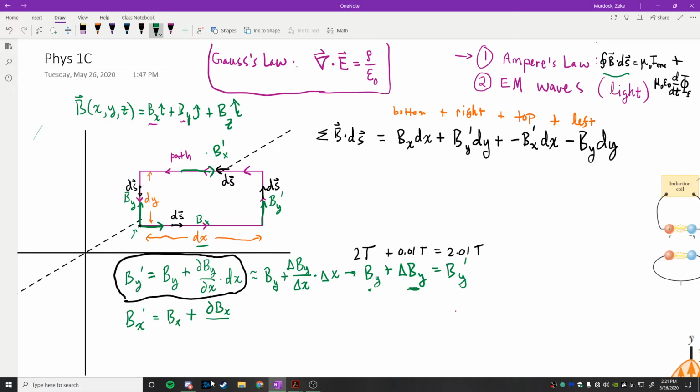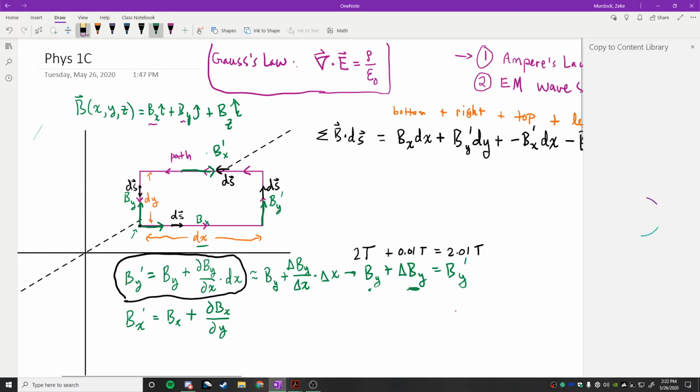It's the rate at which the x component of the magnetic field changes with respect to y now, because we're going up in the y direction, right? This is your dy. So you need to take the rate of change of the x component with respect to y. It's kind of weird to understand. Okay? And then I could say all the same things about this, but I think you get the idea, hopefully.